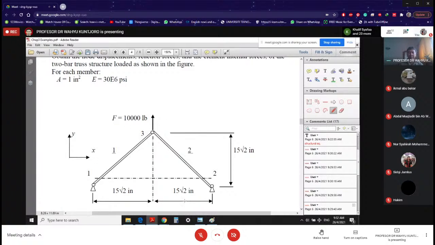You have a symmetrical structure. Left the same as right, dimension left the same as dimension right. The load is purely vertical. So you will expect that this node is only going to move up, not horizontal. So d3x will be 0, and you will expect d3y will be positive because it is going up.